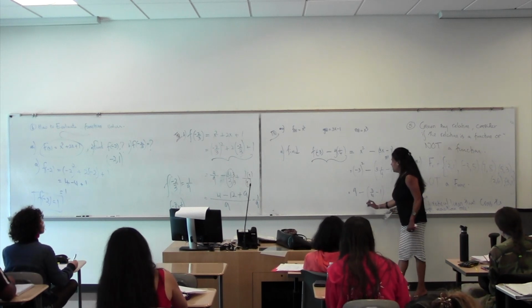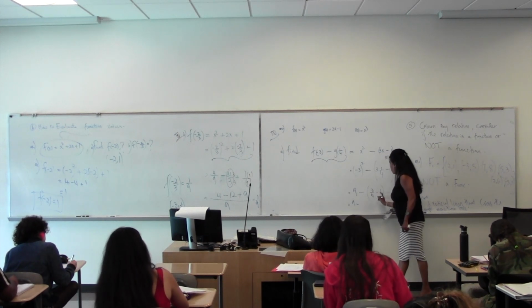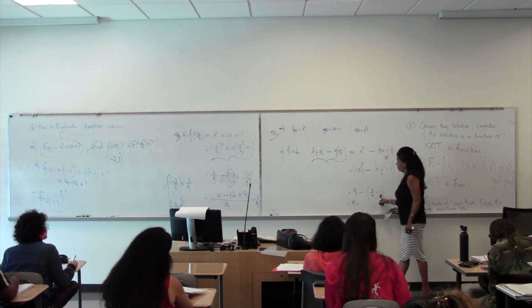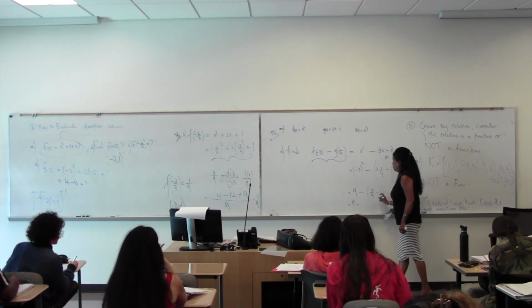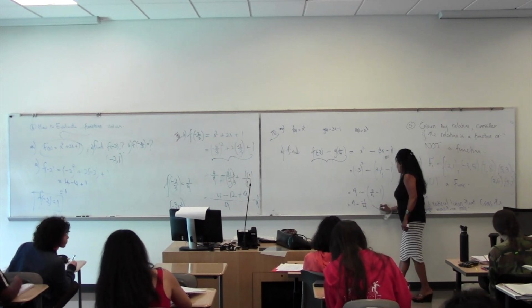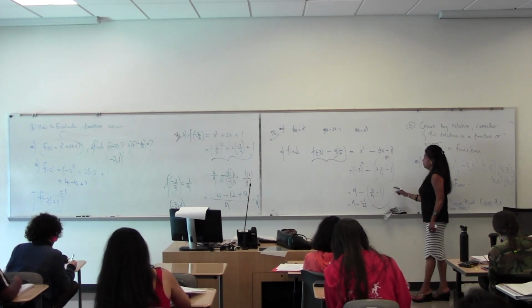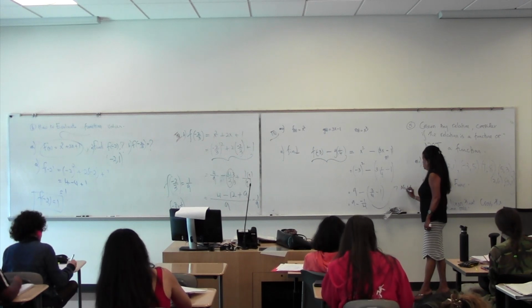So simplify this now. 9 minus, this is 3 minus 4, if you find the common denominator. Do the parentheses first. 3 minus 4 is negative 1/4. So what's the value? 4 is the common denominator. 36 plus 1/4.